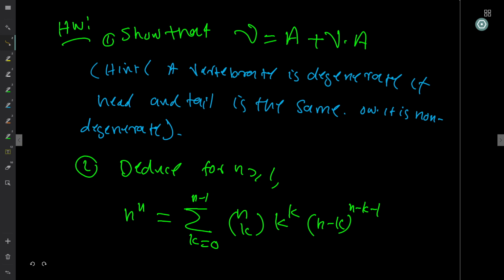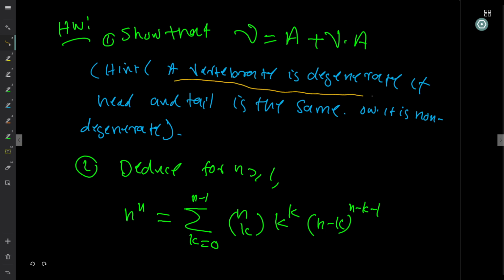And we wind up with a couple of homework questions. The first is to show that the vertebrate species can also be thought of as A, the species of rooted trees, plus V dot A. To prove this, I give a hint.